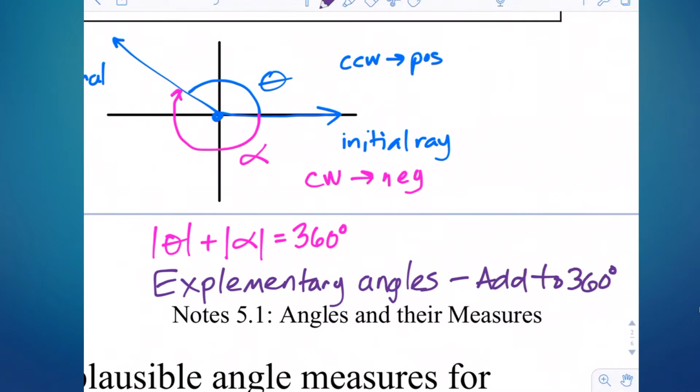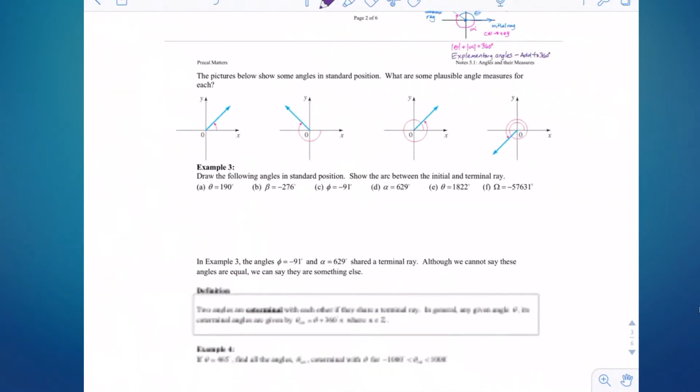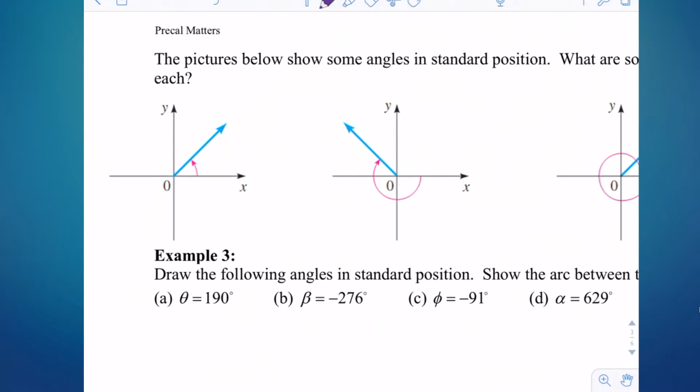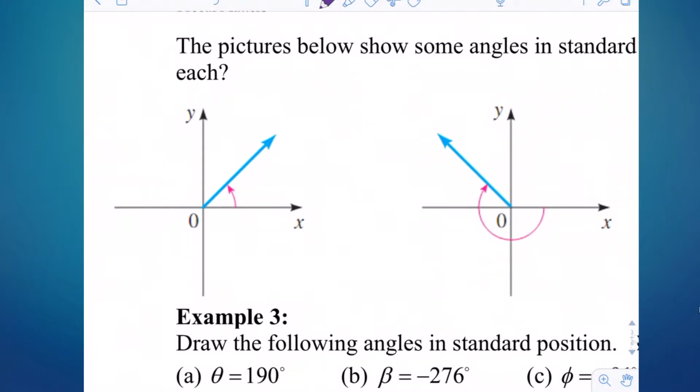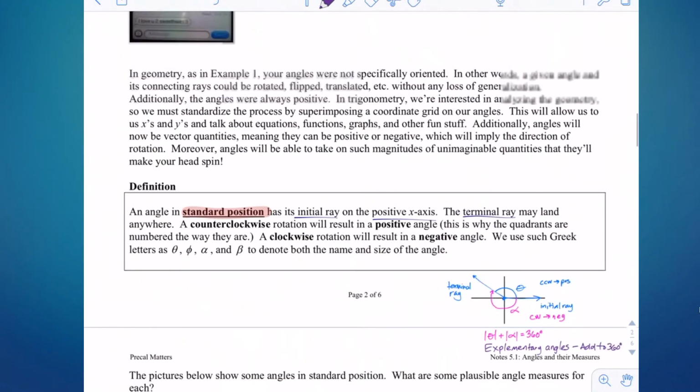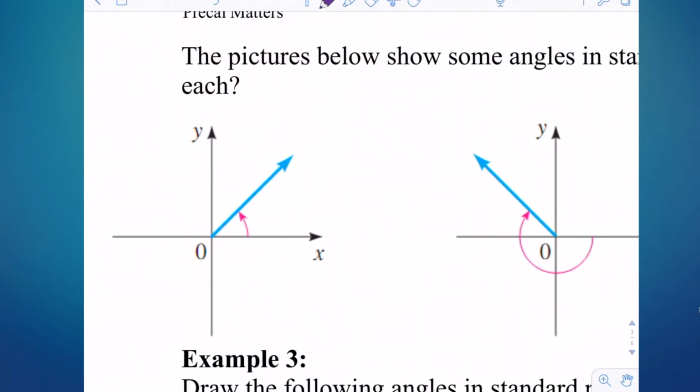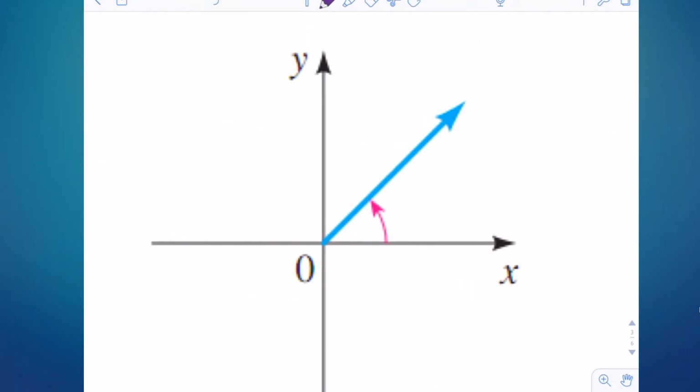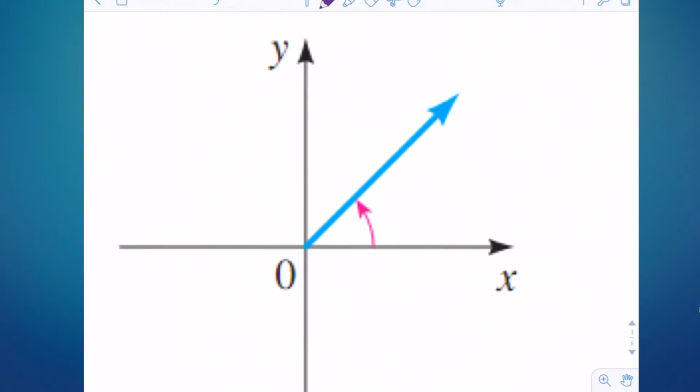There you go. All right, so in example 2, what we want to do is just come up with a plausible degree measure for the following angles. Now, if you notice, the terminal ray is the only one that needs to be shown. There is no initial ray shown.